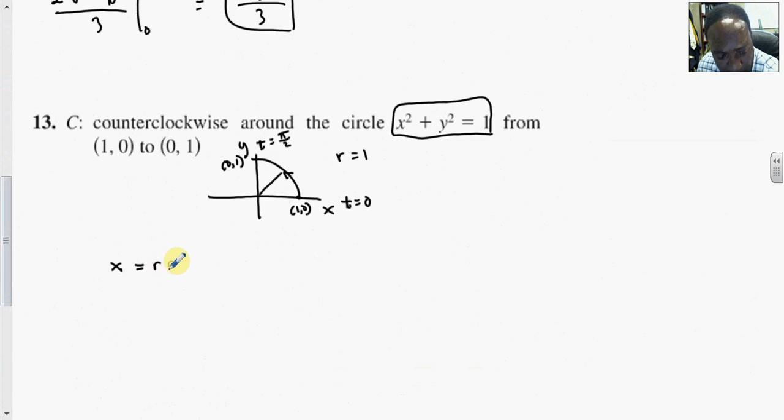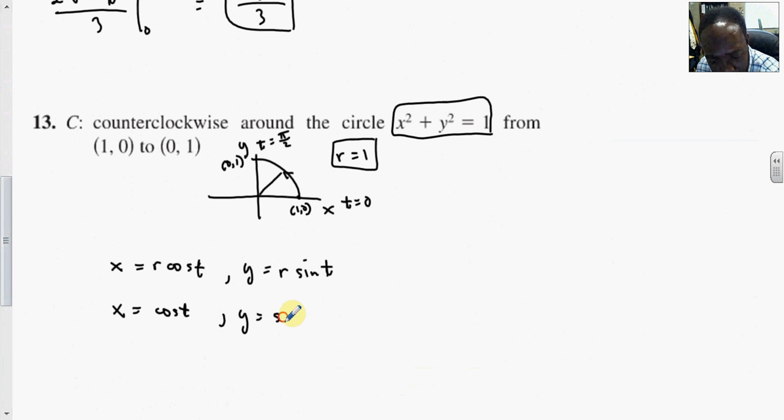So this is r cosine t. Then y is equal to r sine t. So here, x becomes cosine t because r is equal to 1, and y is equal to sine t.